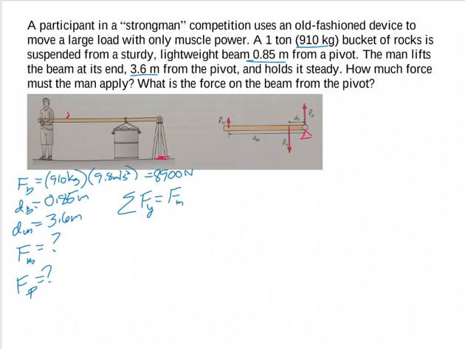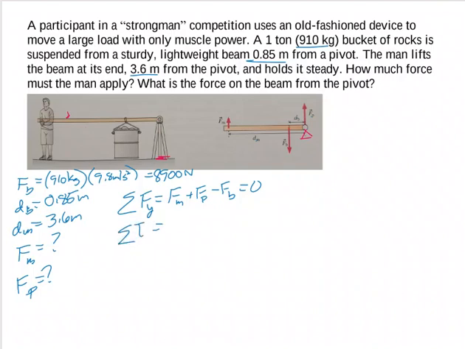We have the force of the pivot, that's also positive, and then the force of the bucket, so that will be minus F sub B, equals 0. This is not moving, it's not accelerating, so it does not equal ma, it equals 0. Okay, and so then we also have the sum of the torques.